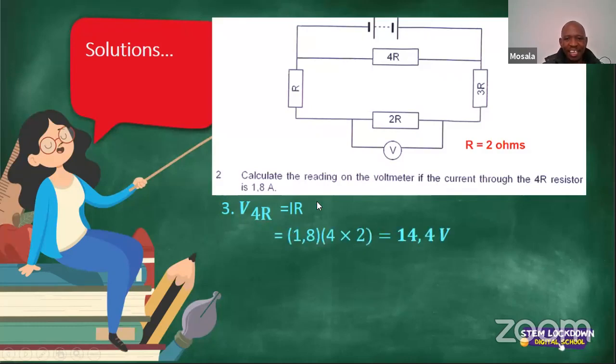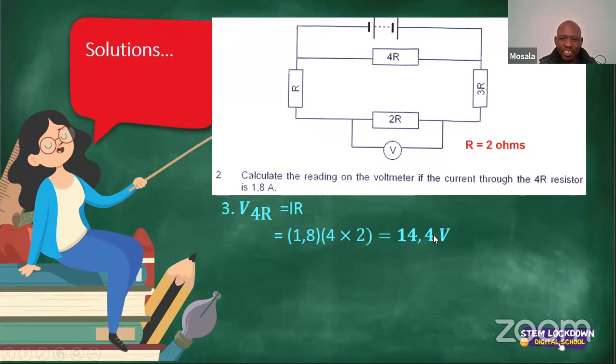We have been told that the current through the 4R resistor is 1.8, so we substitute 1.8 for I. We know R has been calculated to be 2, so it's 4 times R. So what will the voltage across this be equal to?